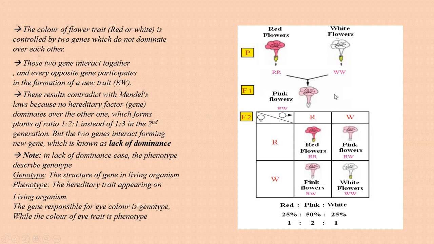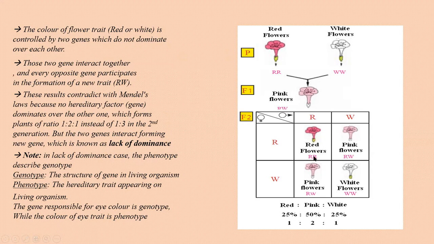Here we have RW with RW, then we cross again RW, and the R with the W gives pink color; an interaction of genes happened. Then another female gamete W with the R gave me R and W capital, pink flower, and then another W and W, so it is a white flower, which is capital W's.